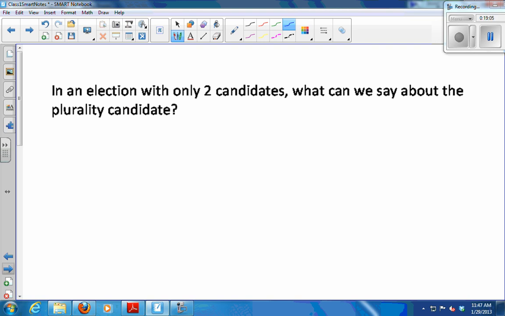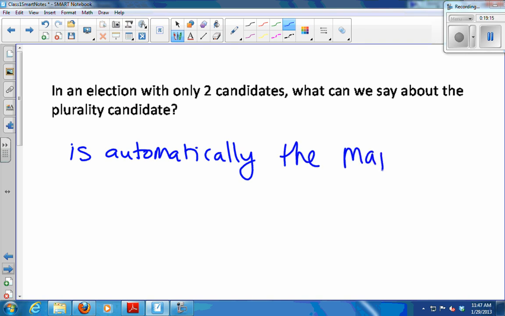So the plurality candidate is automatically the majority candidate. In an election that has only two candidates, whoever gets the most votes also gets a majority of the votes. That's not necessarily true when you go above two candidates, right? You can get the most votes and not have more than half the votes.